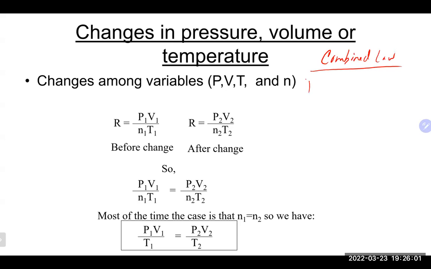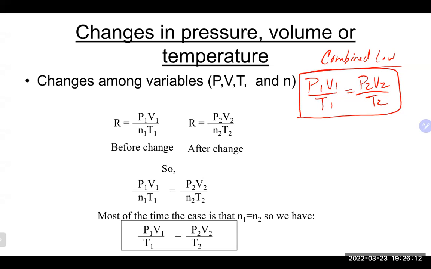This is P1 V1 over T1 is equal to P2 V2 over T2. Here, these are the same variables we've seen before. The pressure can be any unit as long as they are the same on both sides. The volume can be any unit of volume you want, again as long as opposite sides are the same. But just like everything else, you definitely need Kelvin for your temperature.